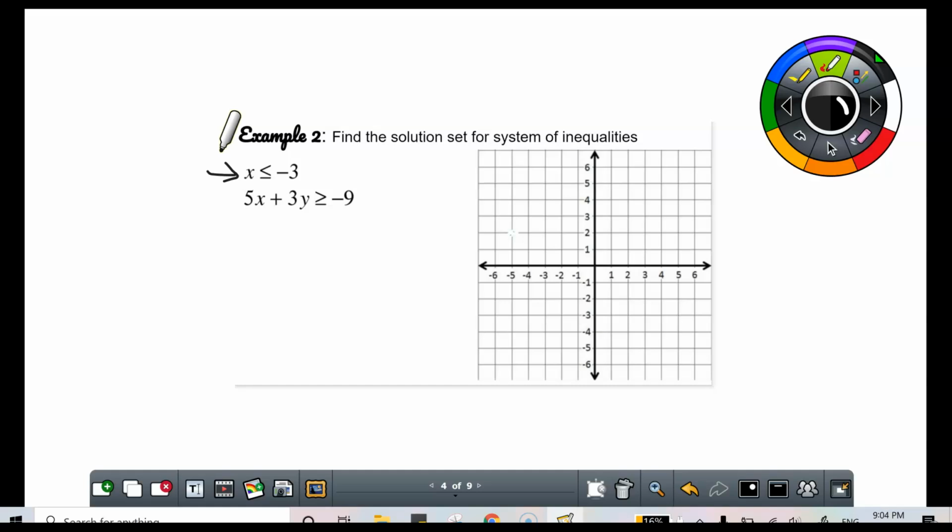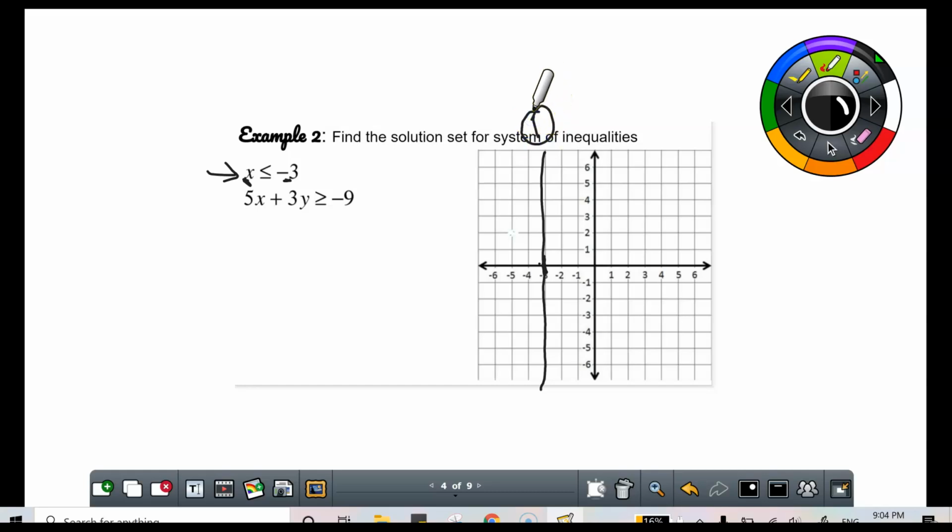On the x-axis, look for the number -3. So on the x-axis, -3 is here, mark it. Generally, we mark the vertical line this way, right? And then extend your mark. So that is your first equation.